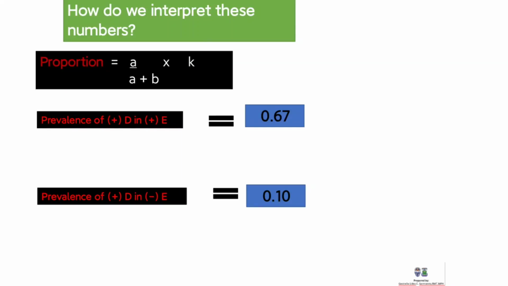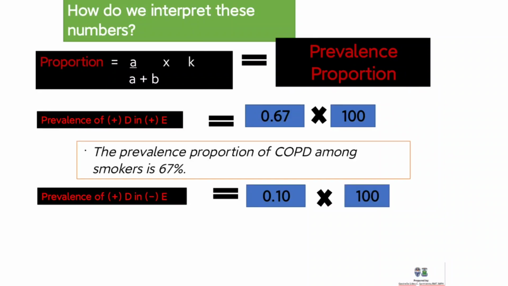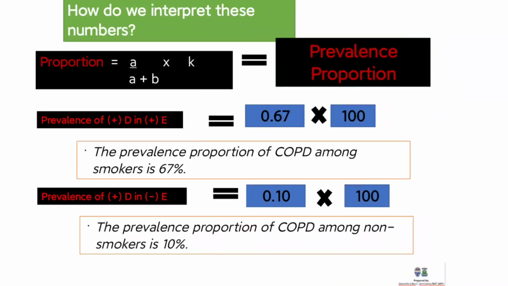So, proportion is A over A plus B multiplied by the factor is equal to your prevalence proportion. So, multiply natin yan. Ayan. The prevalence proportion of COPD among smokers is 67%. Meanwhile, the prevalence proportion of COPD among non-smokers is 10%. Okay? Diba? Ganun lang siya kasimple.